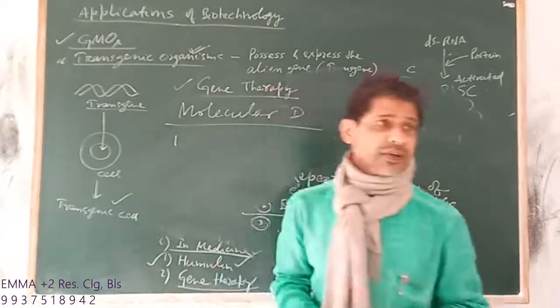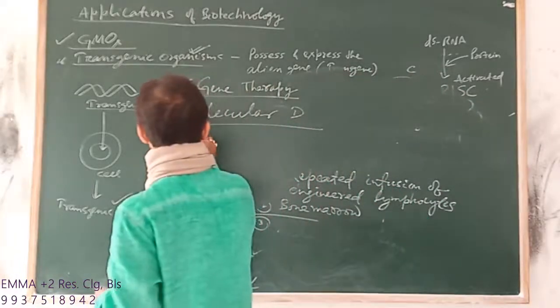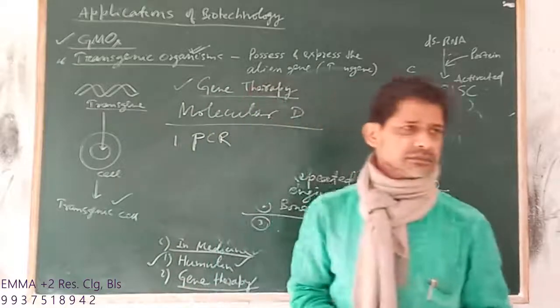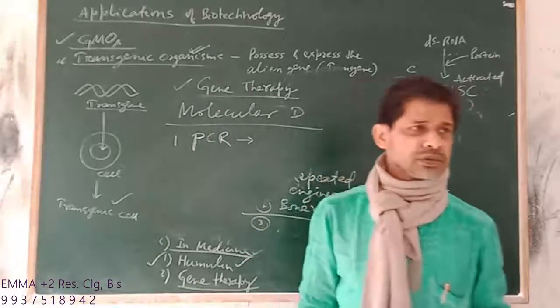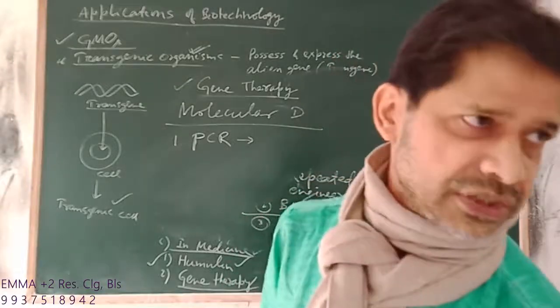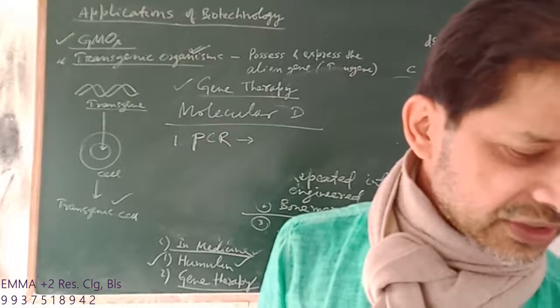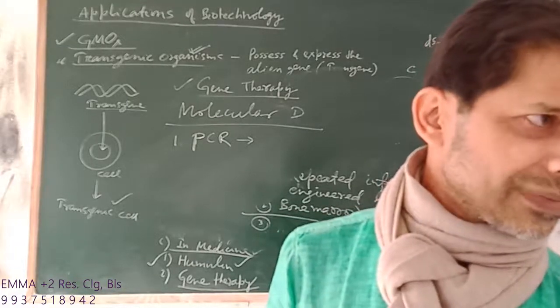So what are the techniques applied? One is PCR, polymerase chain reaction. Nowadays this technique is regularly used for detection of AIDS. The PCR technique can also be used for detection of cancer patients.